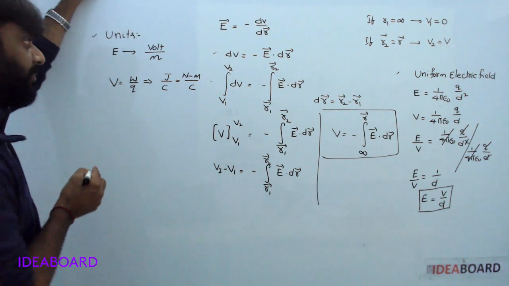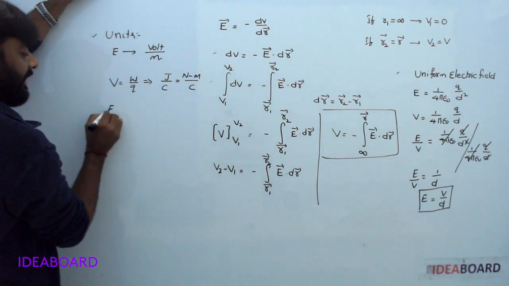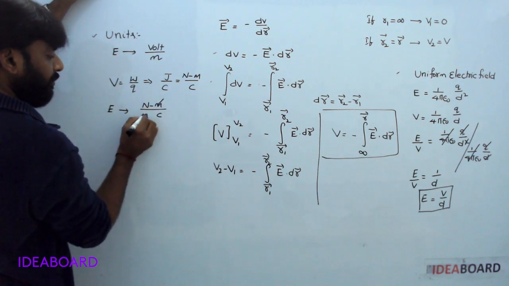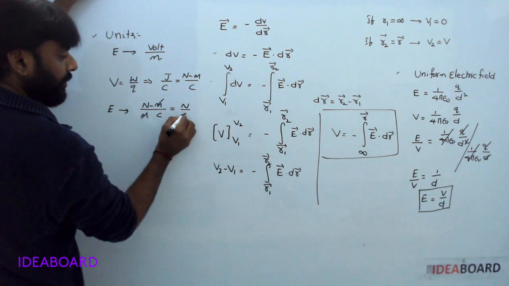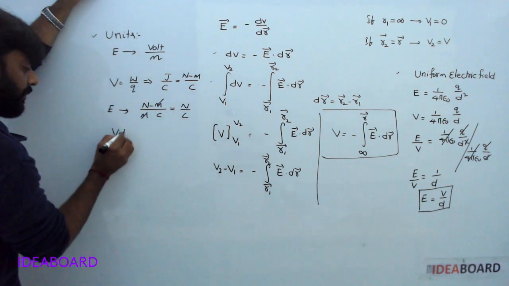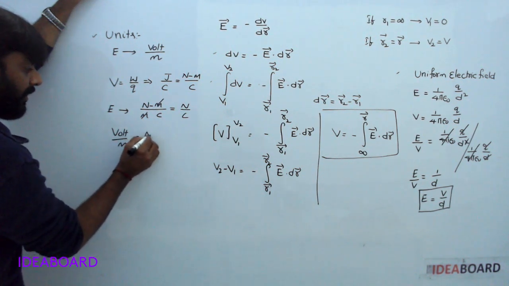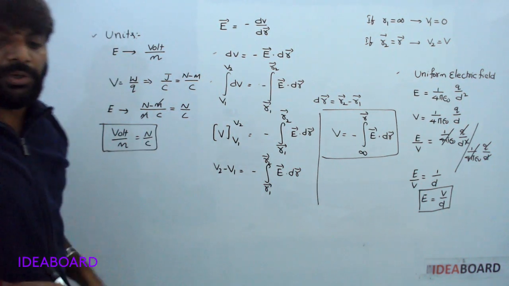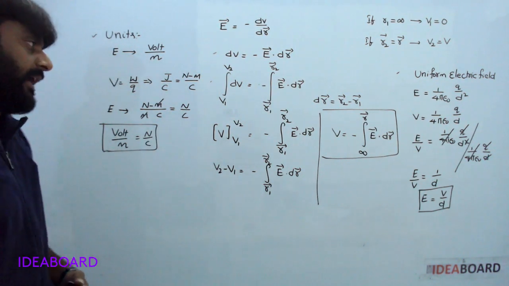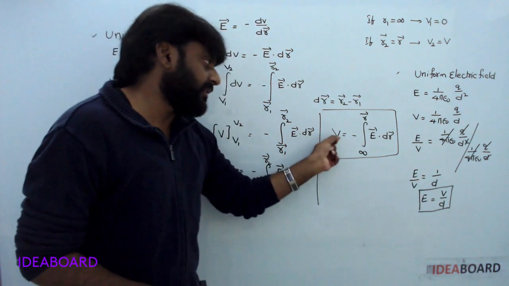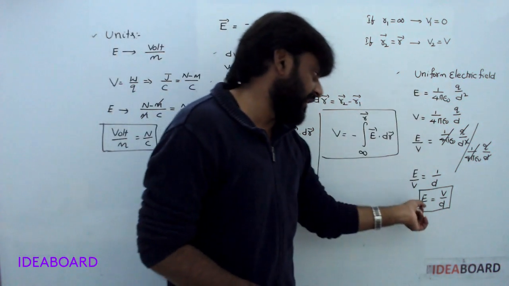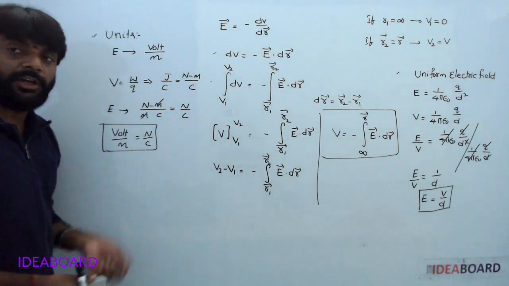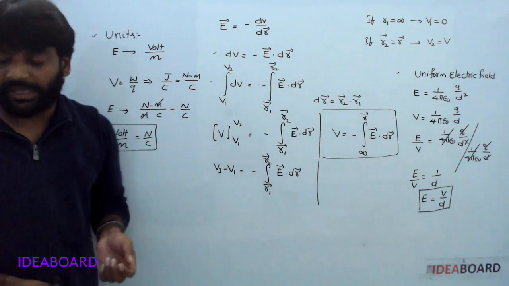So E in volt per meter means Newton meter by meter coulomb. Meter cancels, so Newton per coulomb. Simply, volt per meter is equal to Newton per coulomb. Understood? So in a uniform electric field, E is simply V by d, with units volt per meter or Newton per coulomb.